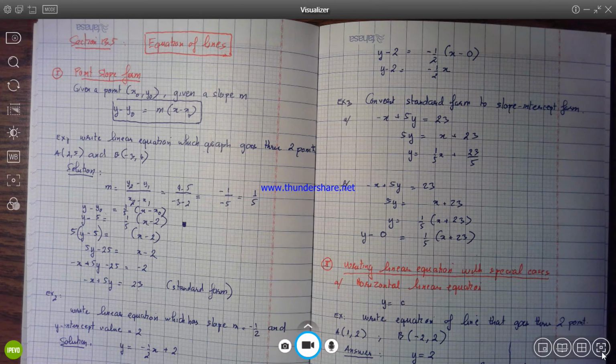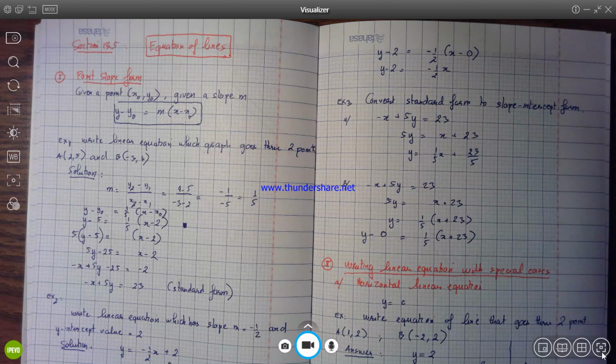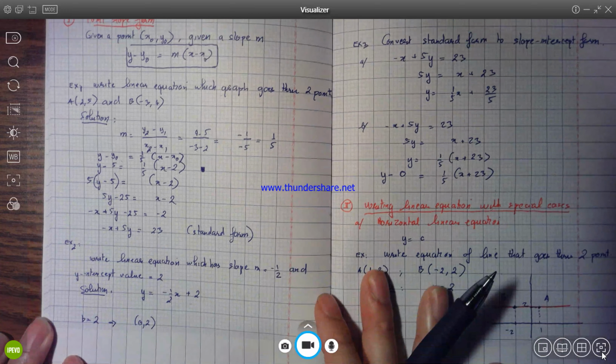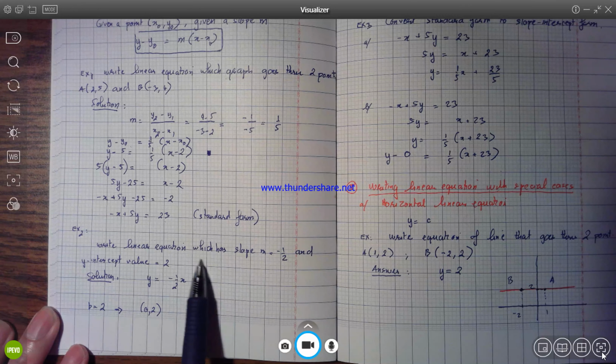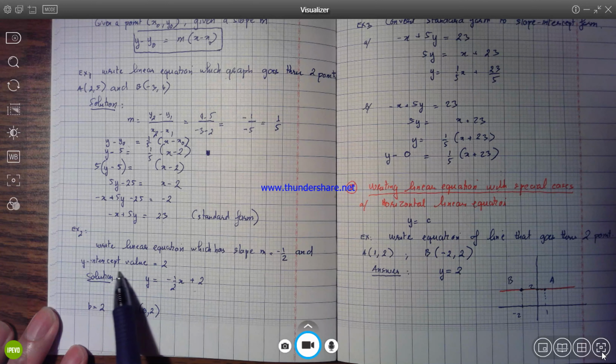However, in this question, I also want you to convert this slope-intercept form to point slope form. Let me move it up. So I'm going to convert this to point slope form. How am I going to do that? You know that the y-intercept value is 2.